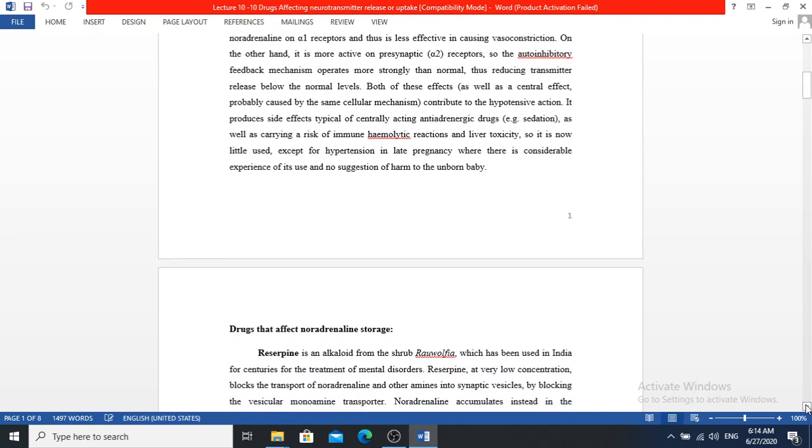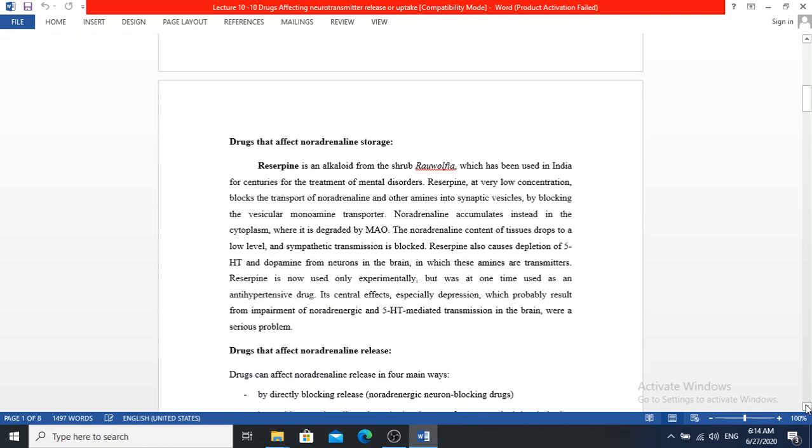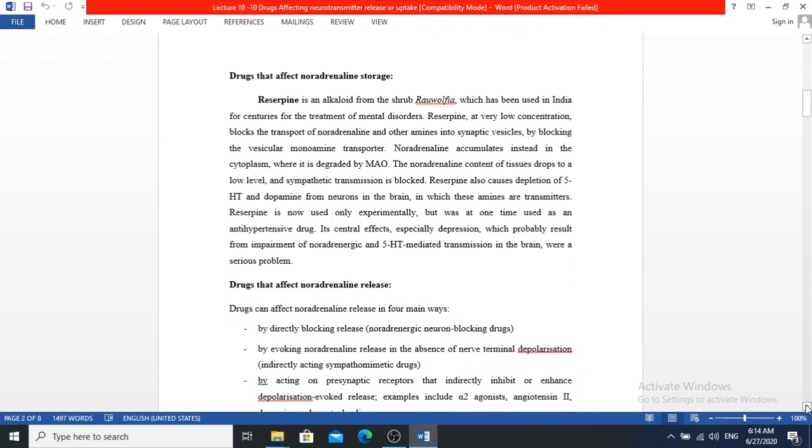Drugs that affect noradrenaline storage, like reserpine. Reserpine is an alkaloid which has been used in India for centuries for the treatment of mental disorder.